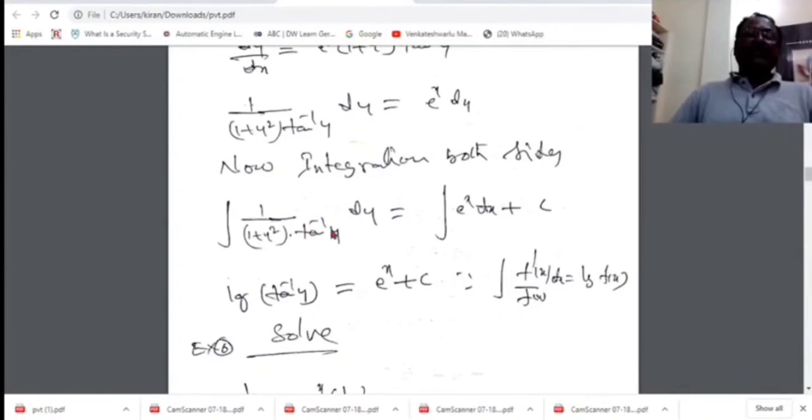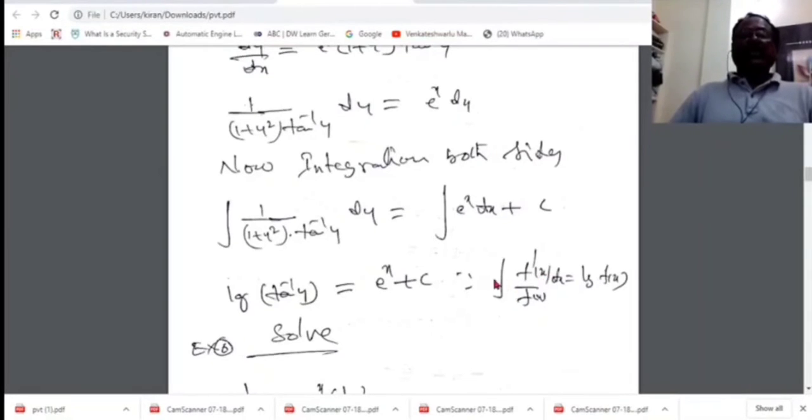Now this is the form of integration of f dash x by f of x into dx, that is equal to log of f of x. The derivative of tan inverse y is 1 by 1 plus y square.